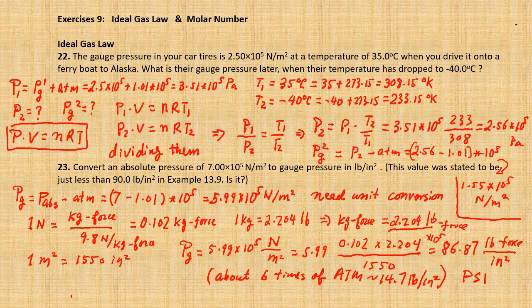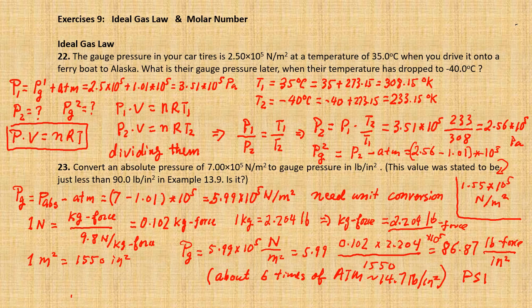Actually, you drive to Alaska. And later on, Alaska is very cold, and the temperature dropped to negative 40 degrees Celsius. Then, of course, when the temperature is lowered, the pressure drops. So now we want to know what the exact pressure is.